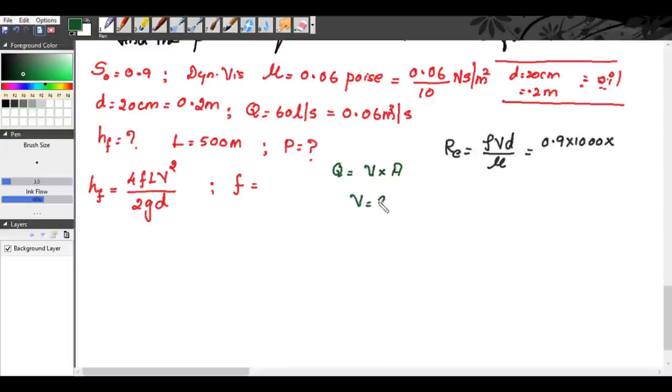So, velocity is equal to discharge divided by area, which is equal to discharge 0.06 divided by area, pi d square by 4. Pi into d, 0.2 square, divided by 4. We get the velocity as 1.91 meter per second.